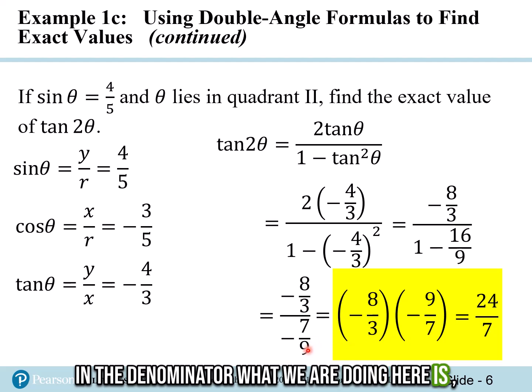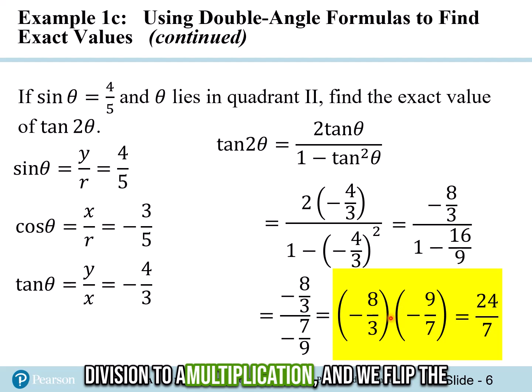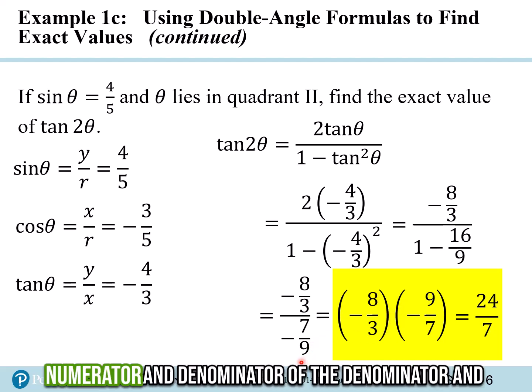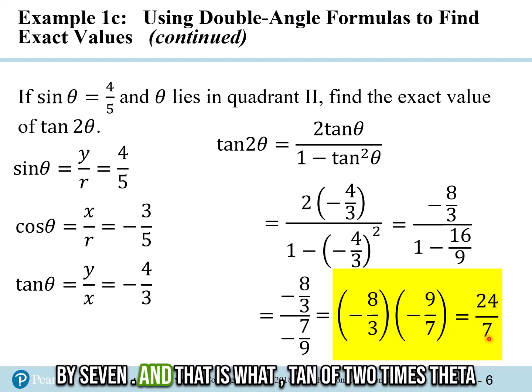What we are doing here is, remember, dividing fractions. So we change the division to a multiplication and we flip the numerator and denominator of the denominator, and we end up with a value which is positive 24 by 7, and that is what tan of 2 times theta will be.